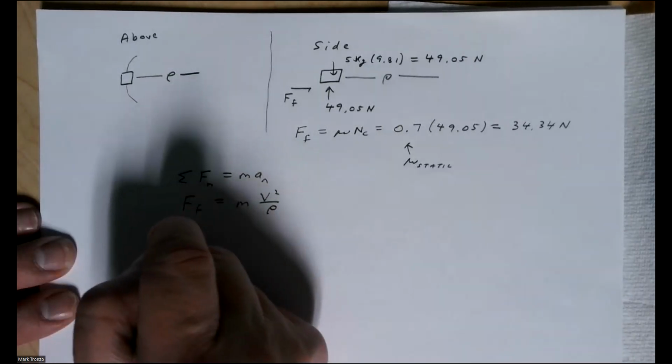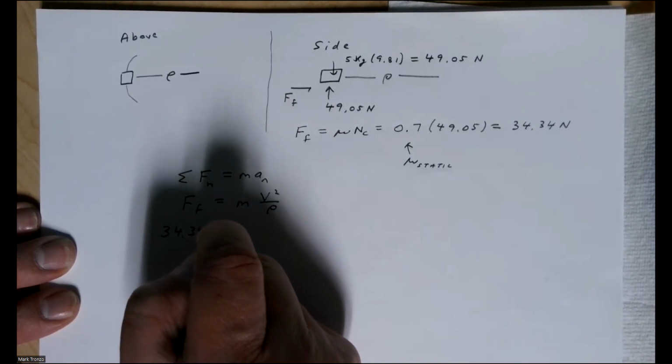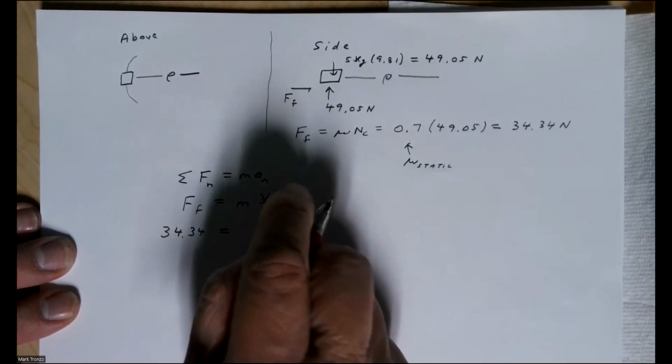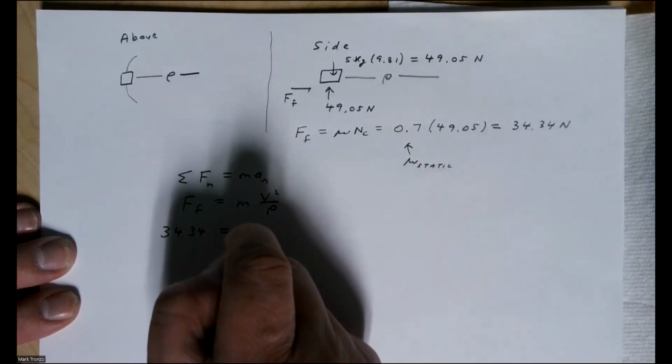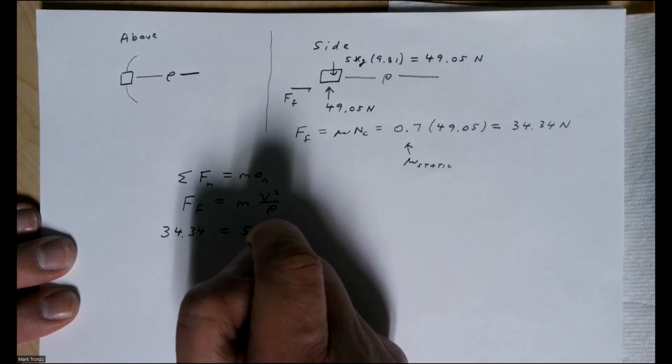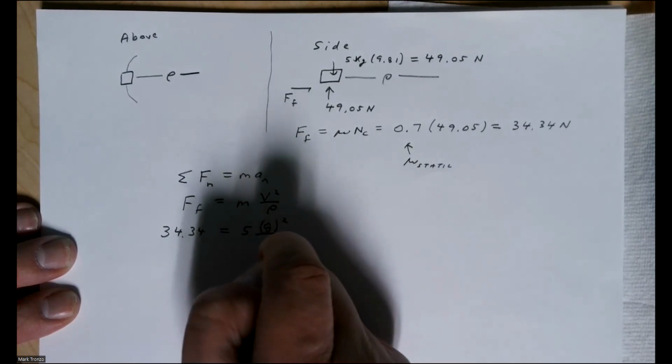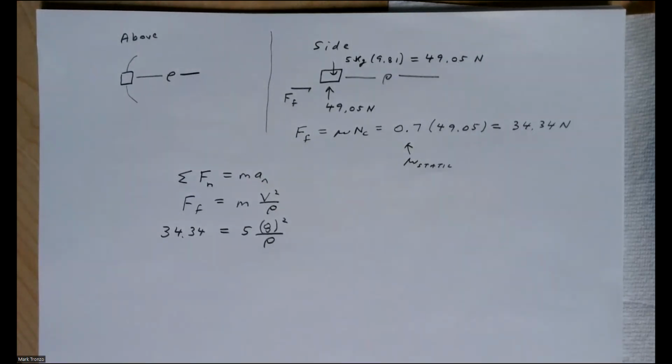And the friction force, 34.34. And the mass was what, 5 kilograms. And the velocity, we're told that the velocity is 8 meters per second. And the rho is the only unknown.